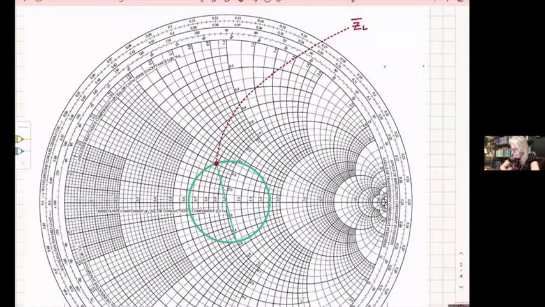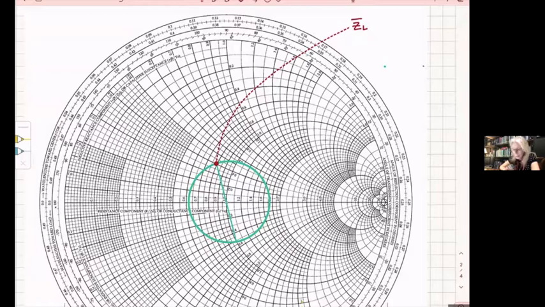Do you remember what I said? We have to move on the Smith chart by a distance that is going to make ZL real. Okay, we are going to move until we make ZL real. Where are the points where they have only real value?